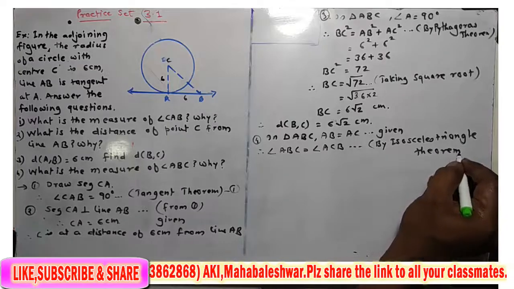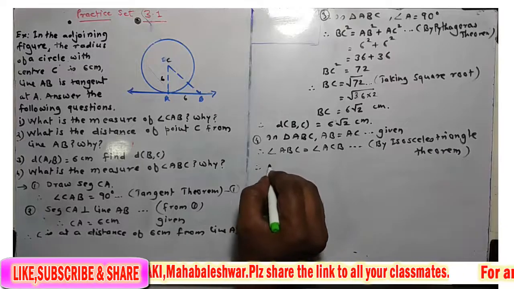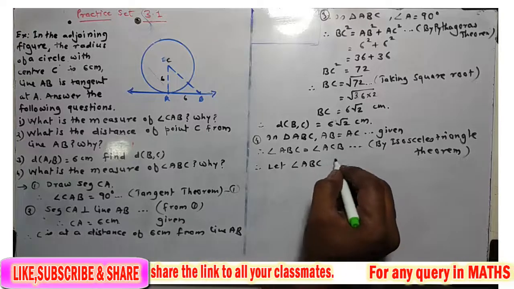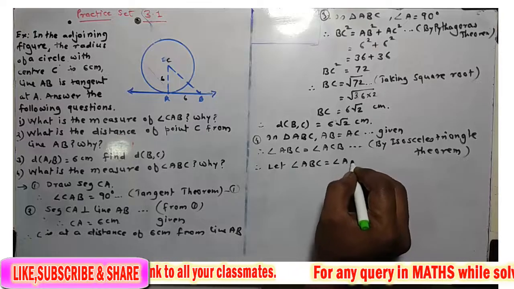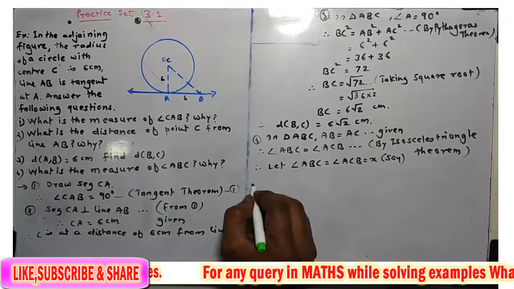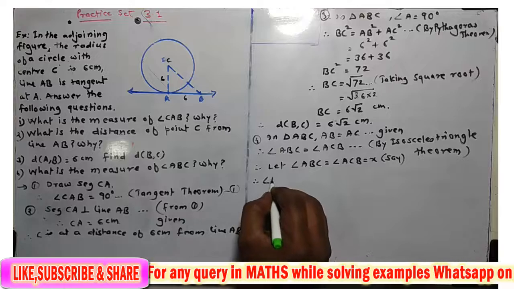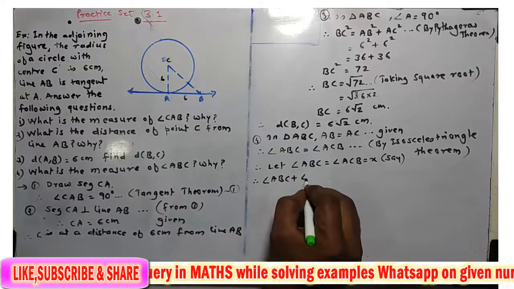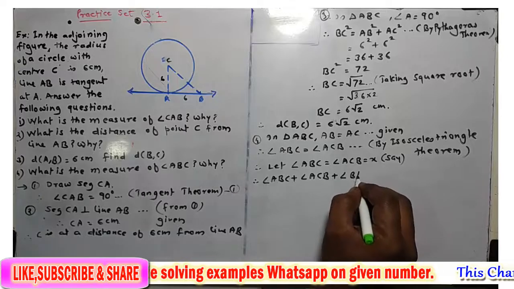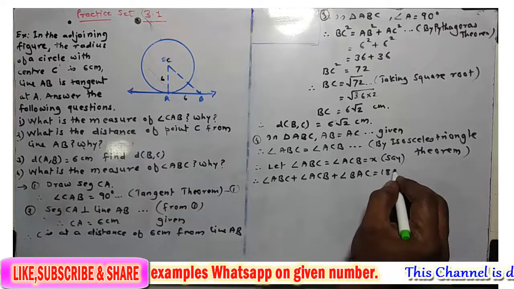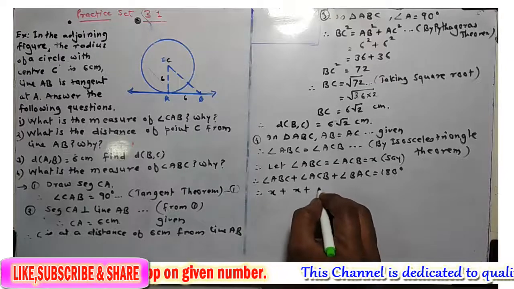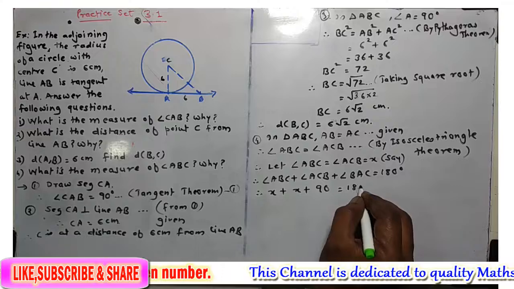Okay, and therefore let angle ABC is equal to angle ACB is equal to x. Therefore angle ABC plus angle ACB plus angle BAC is equal to 180 degree, and therefore x plus x plus 90 is equal to 180 degree.